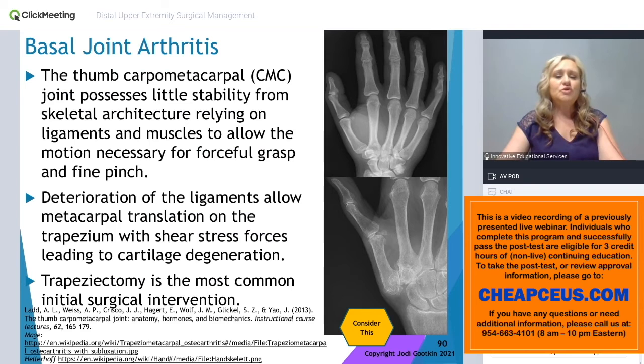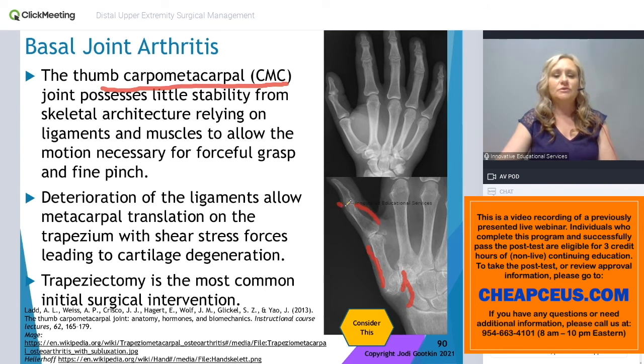The most common joint where we'll see surgical intervention is the carpometacarpal joint, or the basal joint of the thumb. We have our trapezium articulating with our first metacarpal here. As we do our different functional activities, if there is arthritis in that area causing degeneration, we're going to start to see a shift as that joint deteriorates.